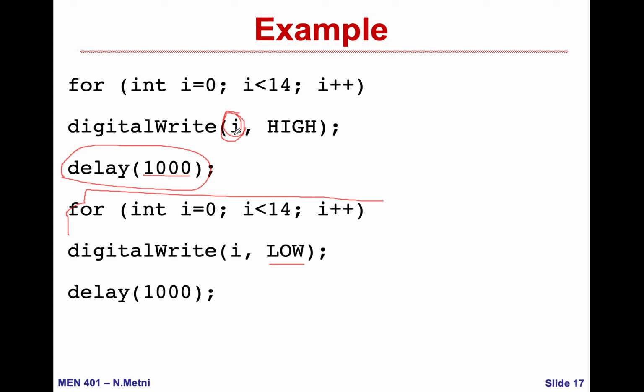So in real life, you will not see a difference, or one LED going on before the other. And here is the same for the low: you will see all of these 14 LEDs go low all together.